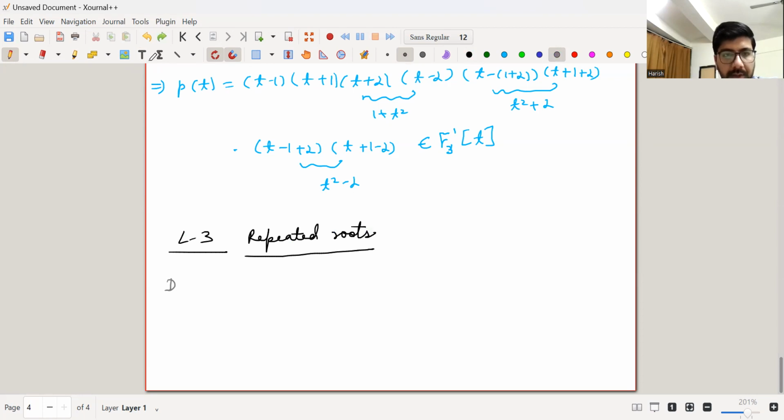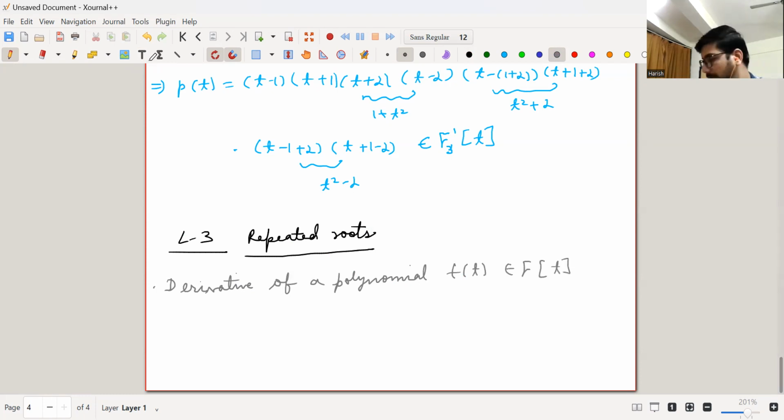or yeah, I should write the derivative of a polynomial f(t) belongs to the ring F[t]. Okay, so how to define it?